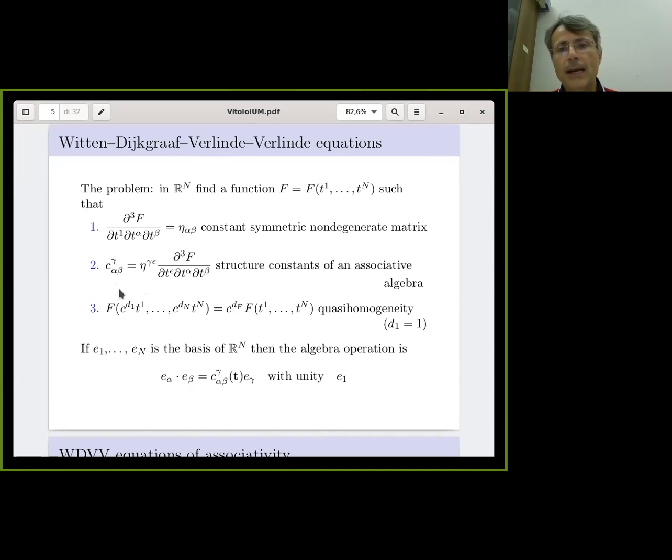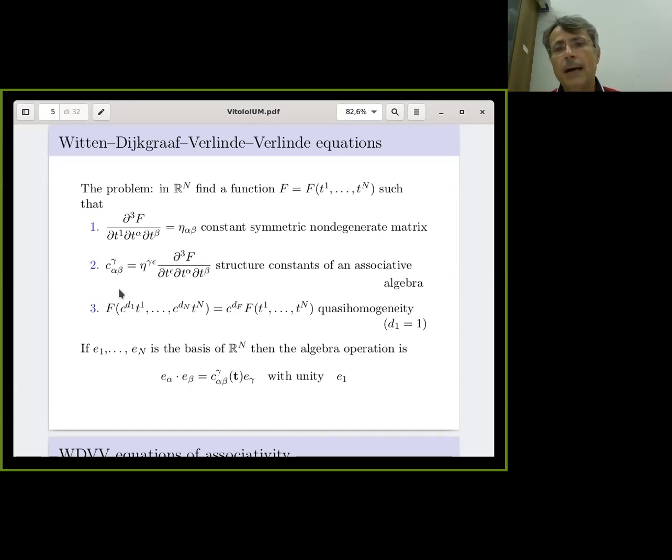So this reminds of the form of structure constants. And you can ask that these are indeed the structure constants of an associative algebra. This associative algebra is a product on the tangent space of R^n, and you require that the product is associative. And these are exactly the WDVV equations, the so-called associativity equations.